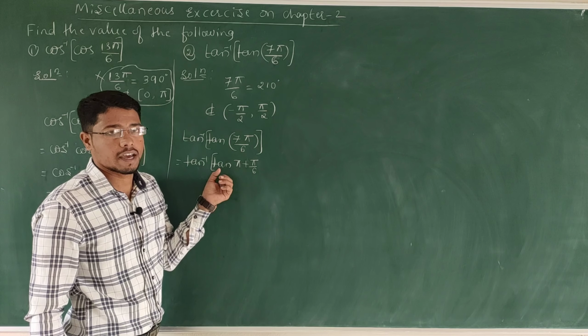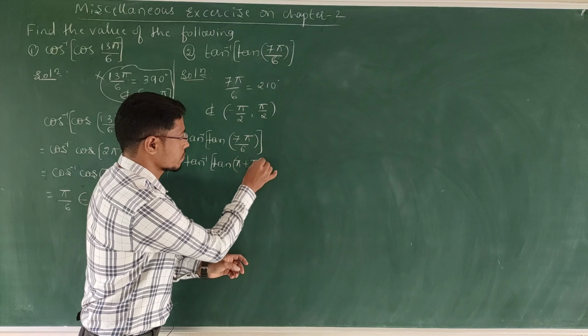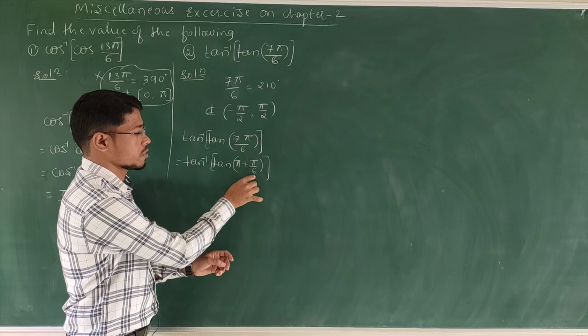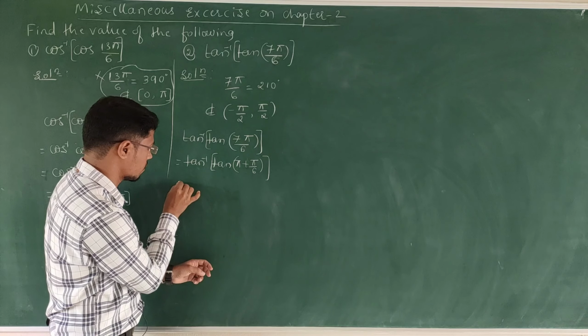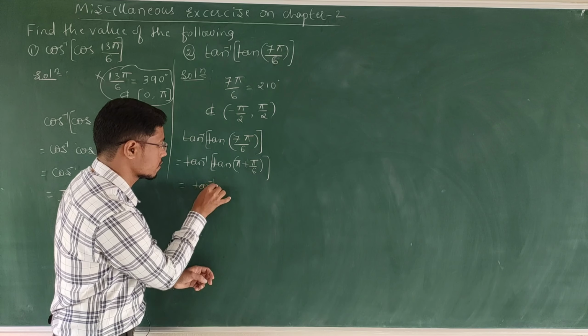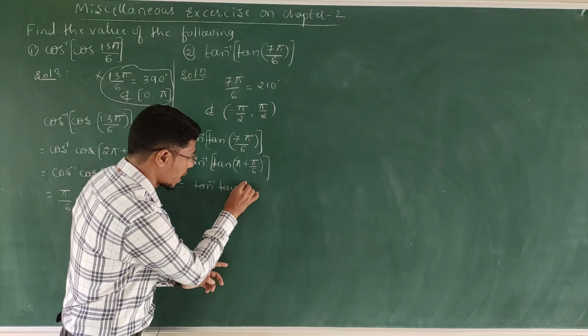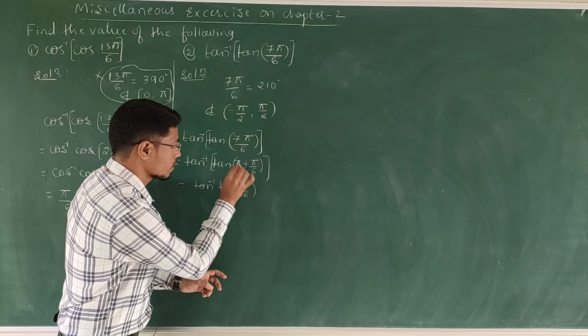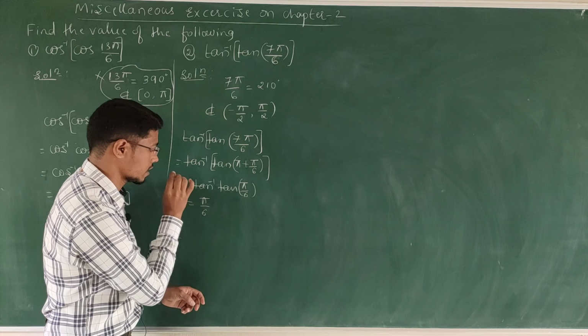In the third quadrant tan is positive as per the ASTC rule. With LCM 6, 6 pi plus pi is 7 pi, so 7 pi divided by 6 again. Tan inverse of tan 180 plus theta is tan theta. So this is equal to pi by 6. This belongs to the range minus pi by 2 to pi by 2, right?